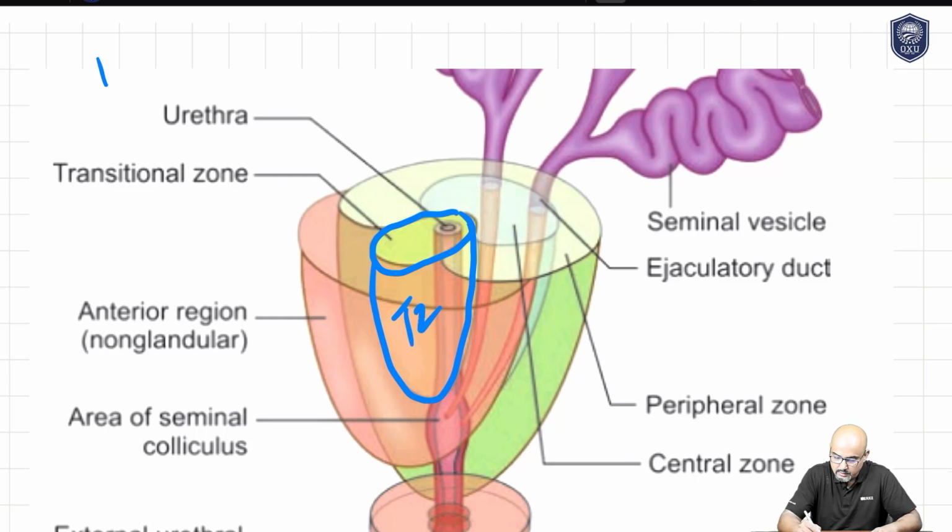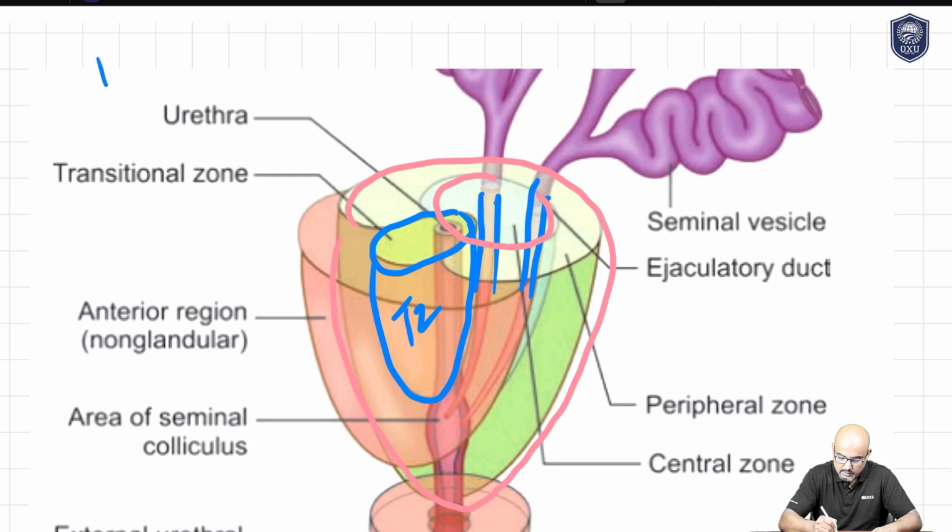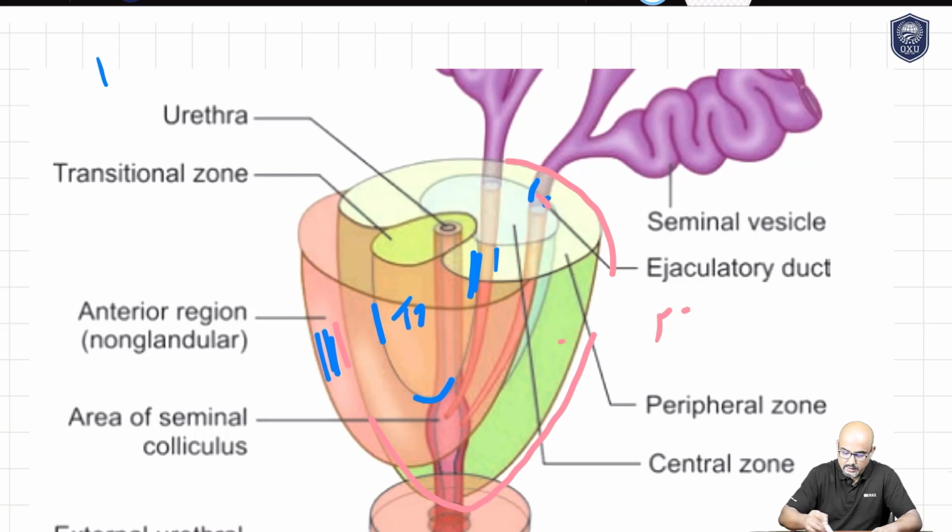And you can see here there are two ejaculatory ducts. You can see this one, and the zone around these ejaculatory ducts is known as central zone, and the remaining zone behind it is known as peripheral zone, and anteriorly there is some fibromuscular area known as anterior zone. So this is a general anatomy, and let me show you in the cut section as well.